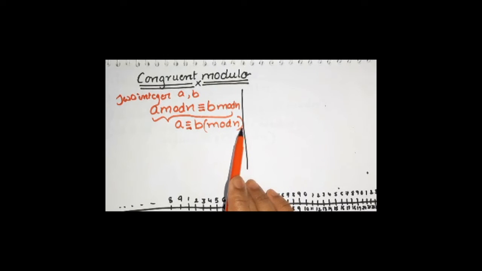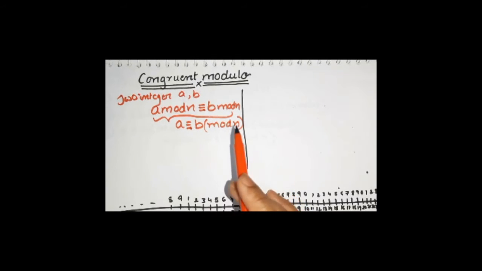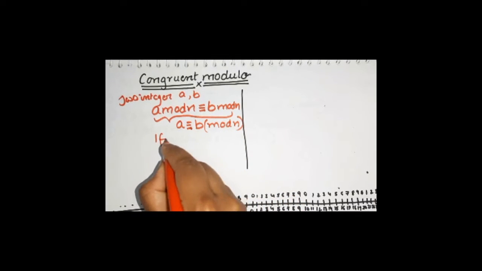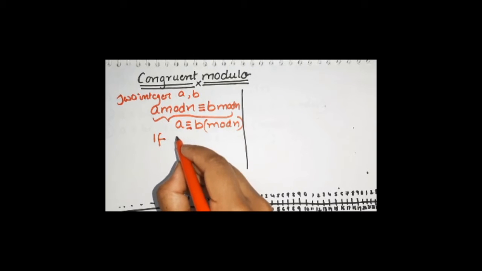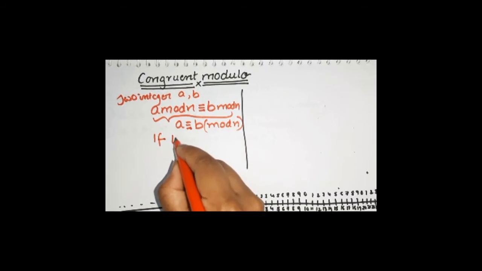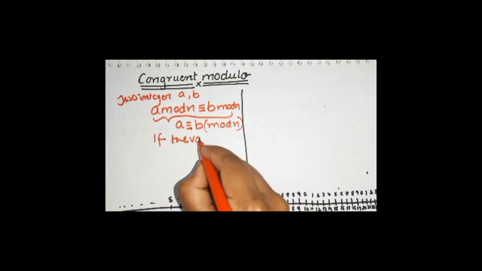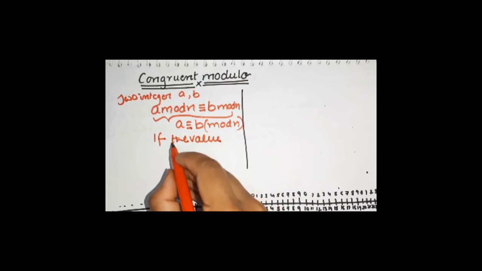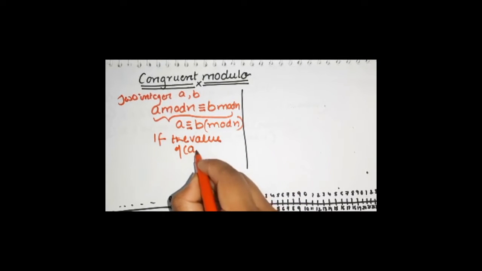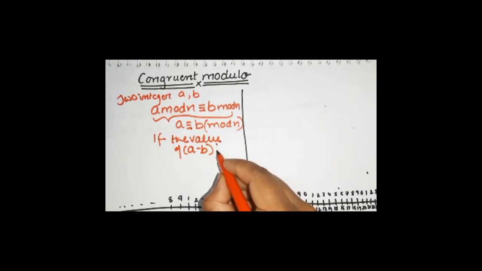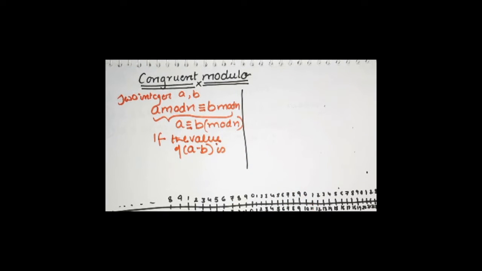And also remember one thing, when A is congruent to B mod n, there's one satisfying condition, that is, the value of A minus B is divisible by n.